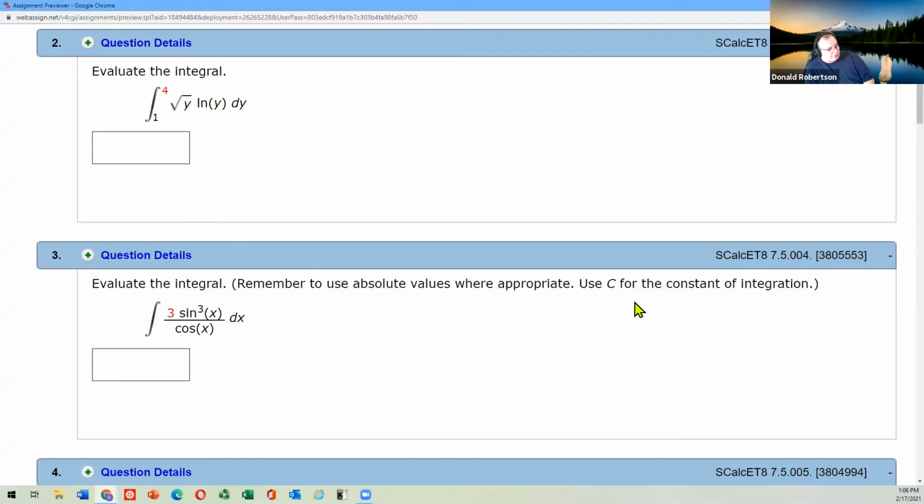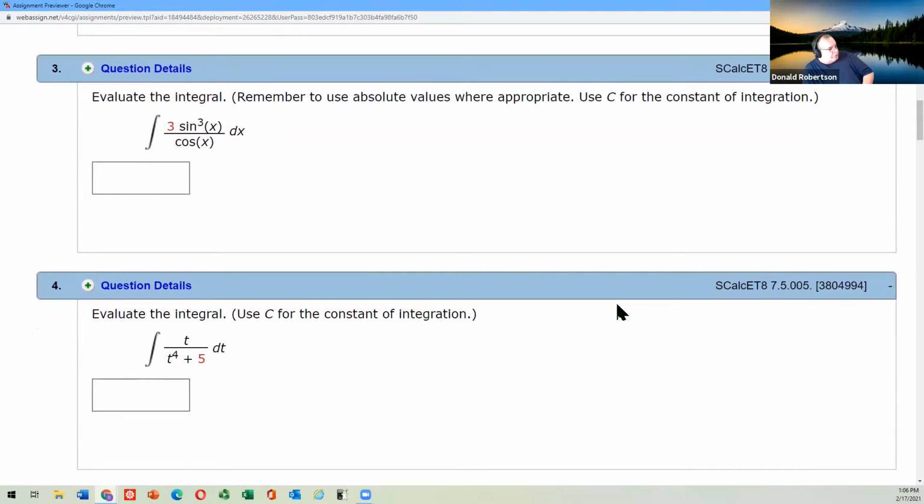Okay, that's true. Now, if you want to do integration by parts, don't you have to pick an f of t and a g of t? Yes, for this one I would pick natural log of y as the f function, only because it's easier to differentiate. Well, differentiate actually, but yes. Or sorry, yeah, differentiate. I knew what you meant.